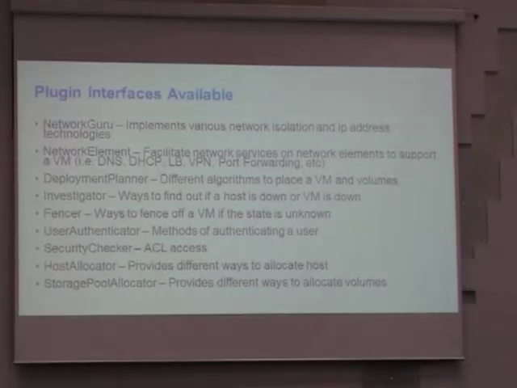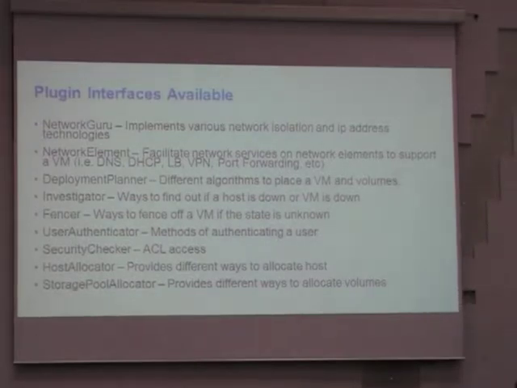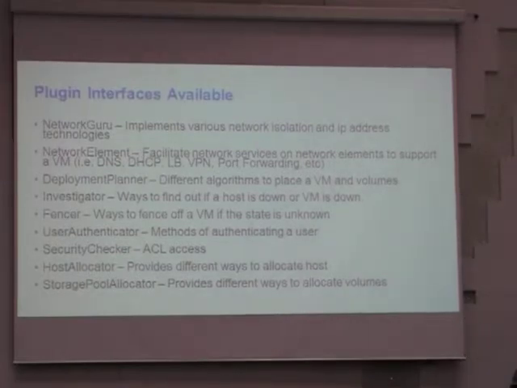This is where you implement this. The network element is how I would implement each of the network services. So for example, how do you implement load balancer, VPN? These are rules that when I say I want a port forwarding rule or load balancer rule, these are the ones that say this is exactly how you would implement it within CloudStack.